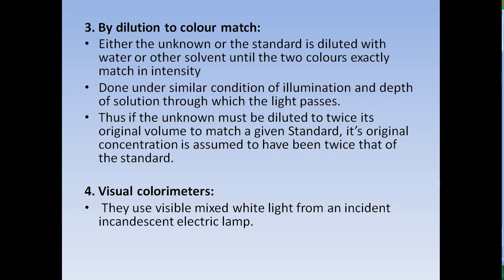Let's say the standard is 2 mg per dl. If we dilute the unknown to twice its original volume to match the color with the standard, then we can say that the concentration of the unknown is 4 mg per dl, if the standard is 2 mg per dl.